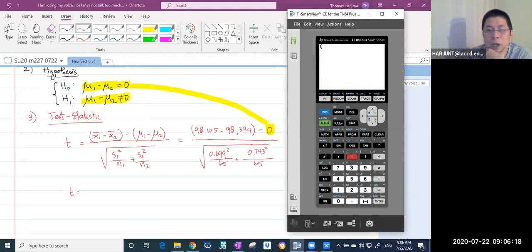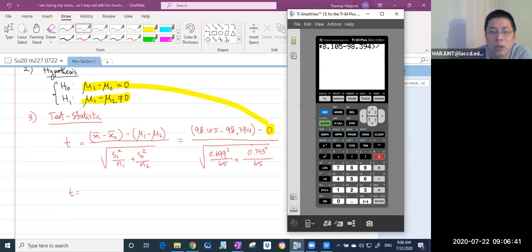So 98.105 minus 98.394 close parenthesis. That's supposed to be minus 0, right? Okay, but no need. Well, minus 0 will not change it. But I use brackets anyway. Use grouping symbol anyway because we are dividing the group on the top by the group at the bottom.